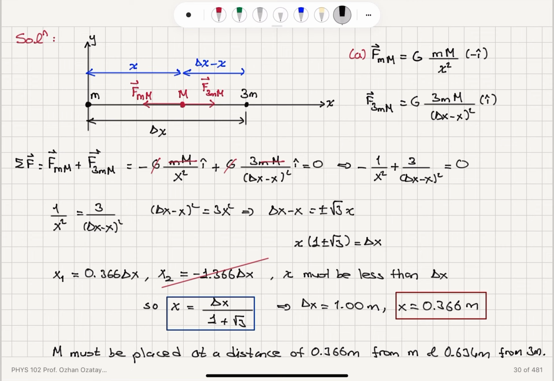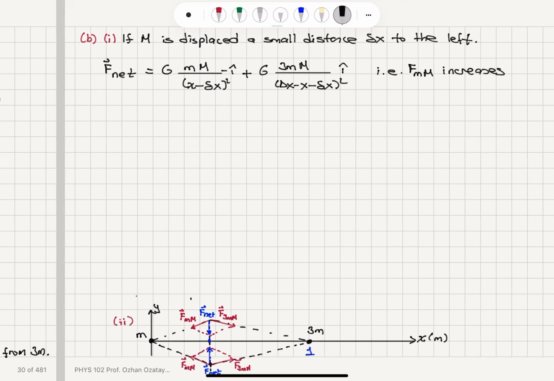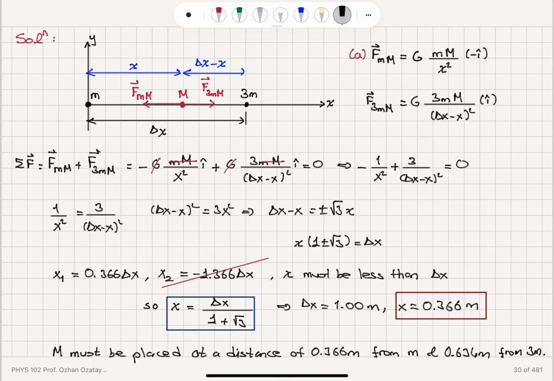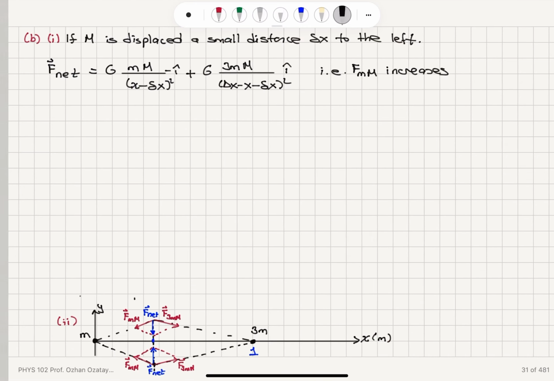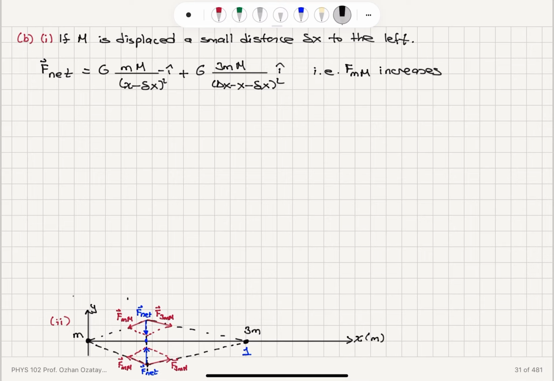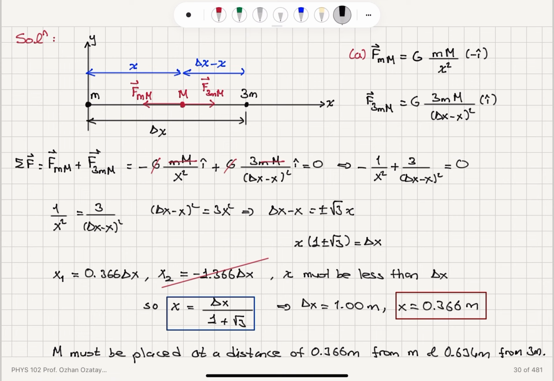What happens to the force between 3M and capital M? It was delta x minus x. Now it is displaced by a distance delta x to the left. So this actually becomes delta x minus x plus delta x, not minus delta x. So we have to be careful. If this is displaced by an amount delta x, this is going to become delta x minus x plus delta x. That will be the new distance between them.